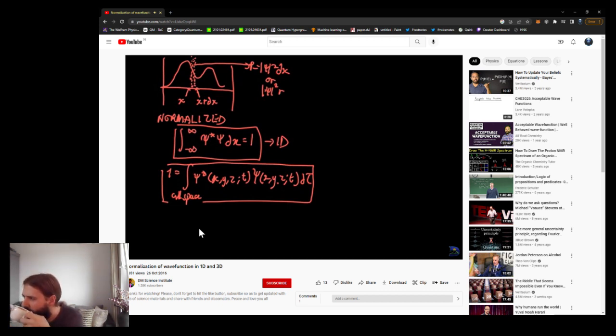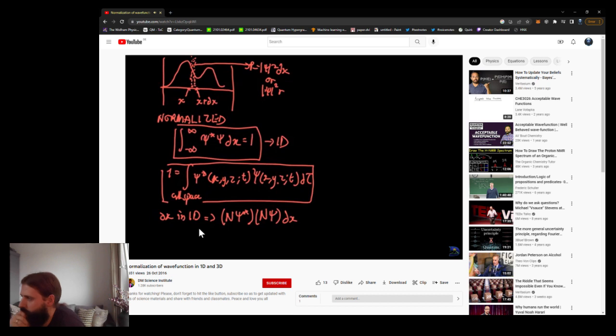Now, for normalization, the probability of finding a particle in a region dx, in this case in one dimension, is equal to the normalization constant multiplied by its complex conjugate, alongside the normalization constant multiplied by our wave function, all with respect to dx, since this is applied to a one-dimensional system.